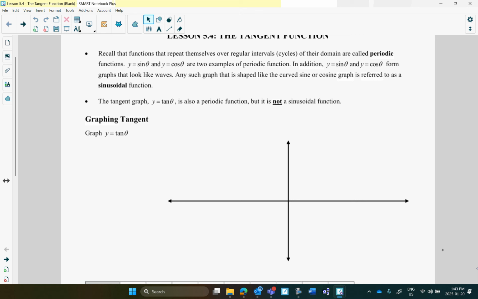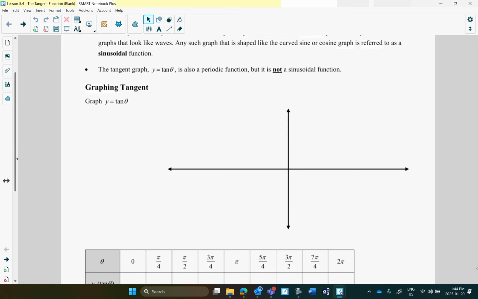We call those periodic functions because they repeat the same pattern after a certain period, and we also call them sinusoidal because they follow a wave-like pattern. Tan is periodic. It will follow a certain shape over and over again over a certain period, but it's not sinusoidal. It's not wave-like. And we're going to see that right now.